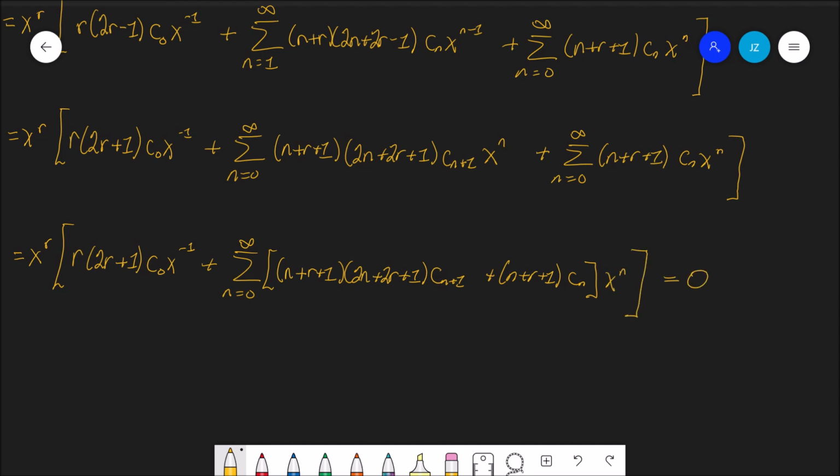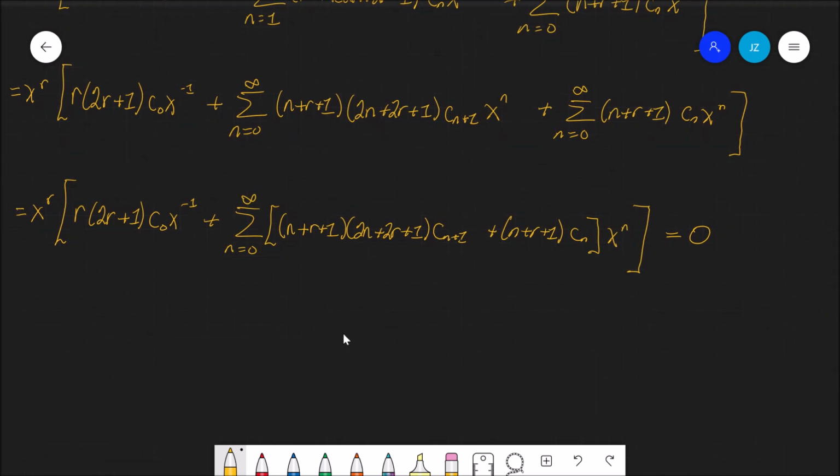And that has to be equal to 0. Now if we look at this, since x can't be 0, we can divide both sides by x. That means that this sum is 0.